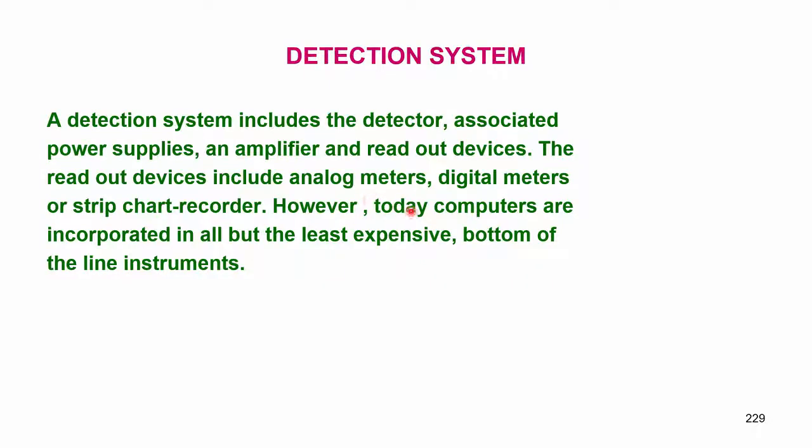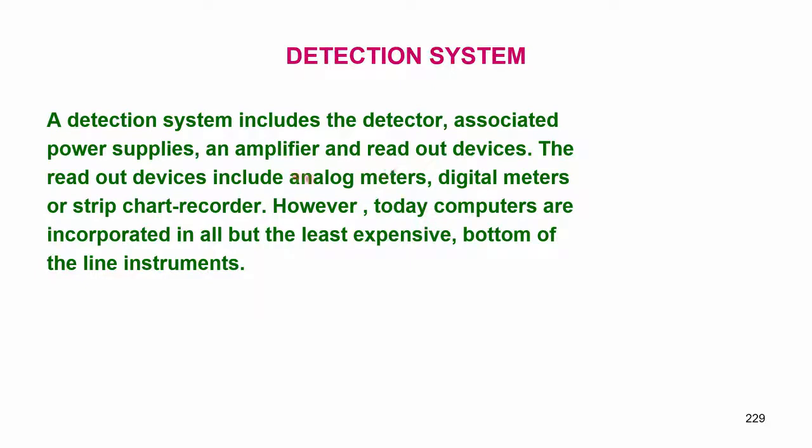All of them can be combined into one, and nowadays computers are used for controlling all these operations, that is power supplies, amplifier and readout device, whatever data is required. The readout devices include analog meters.